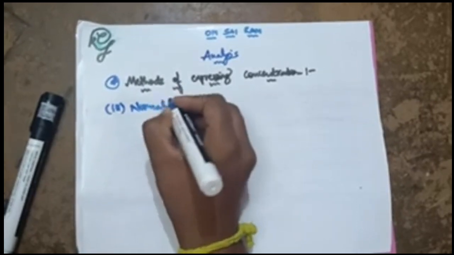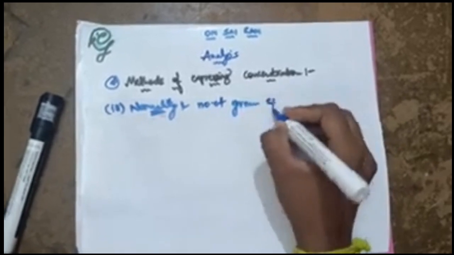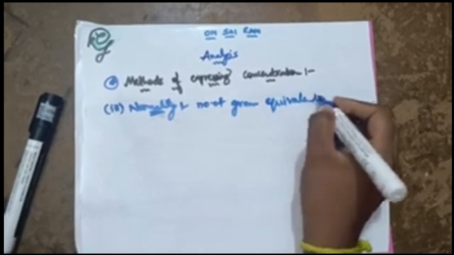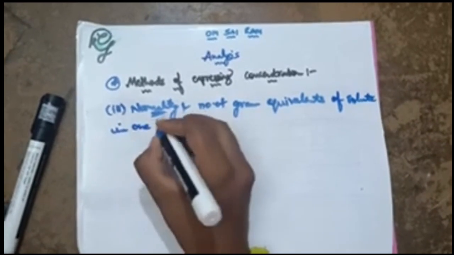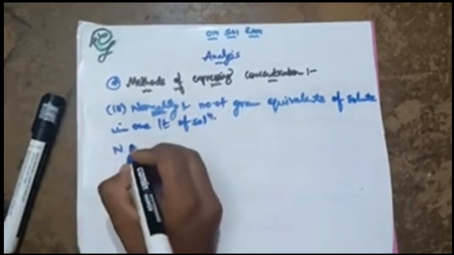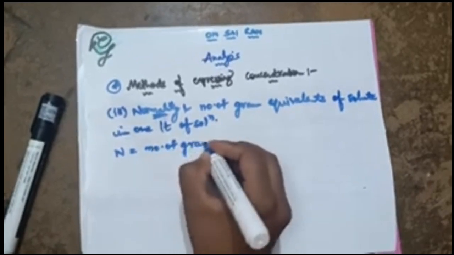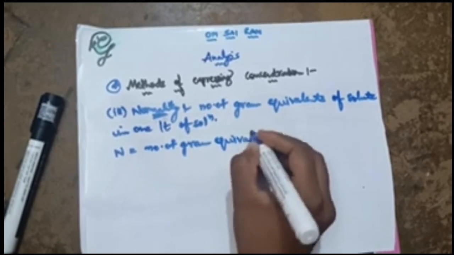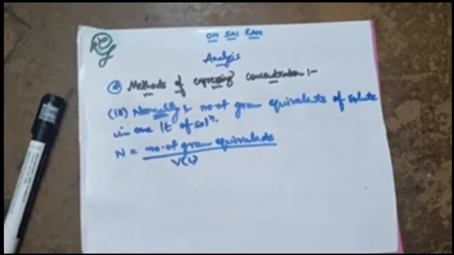If we write normality, it was the number of moles before, but here it is the number of gram equivalents of solute in 1 liter of the solution. It is usually expressed as N, where N is equal to number of gram equivalents by volume of solution in liters.